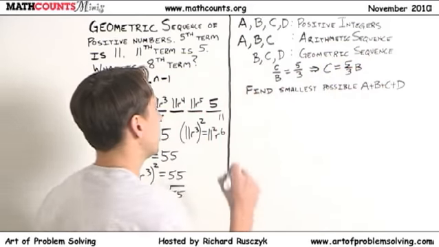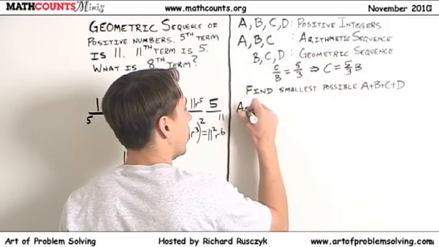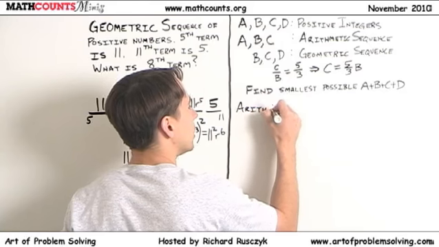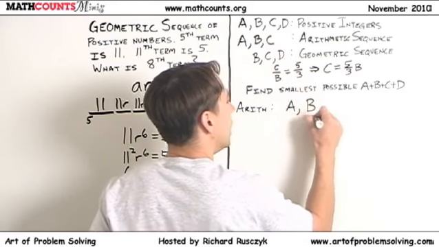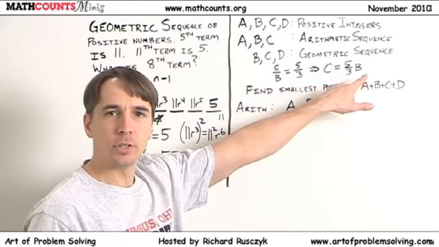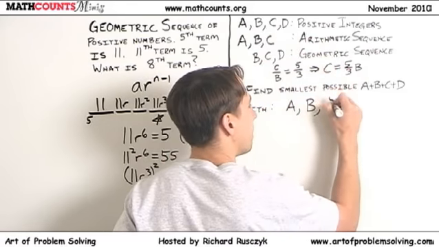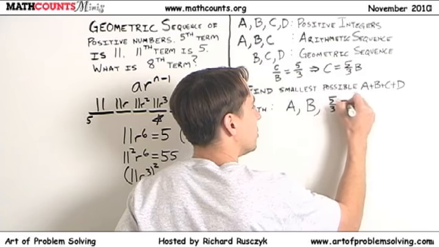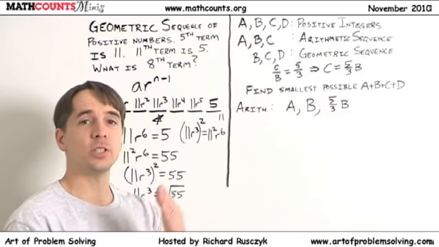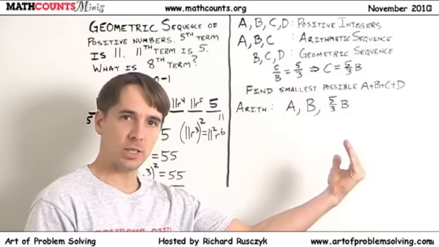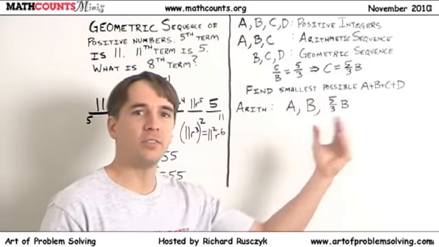Now let's take a closer look at our arithmetic sequence. That's A, B, and now I know that C is 5/3 B, so I'm just going to put that in. Then we think about what an arithmetic sequence is. You just take the same size step each time. 1, 3, 5, 7.